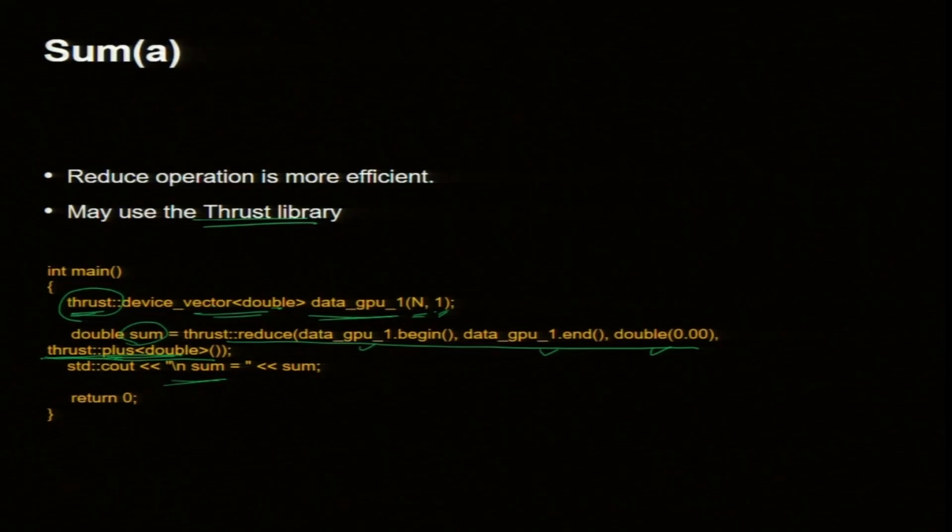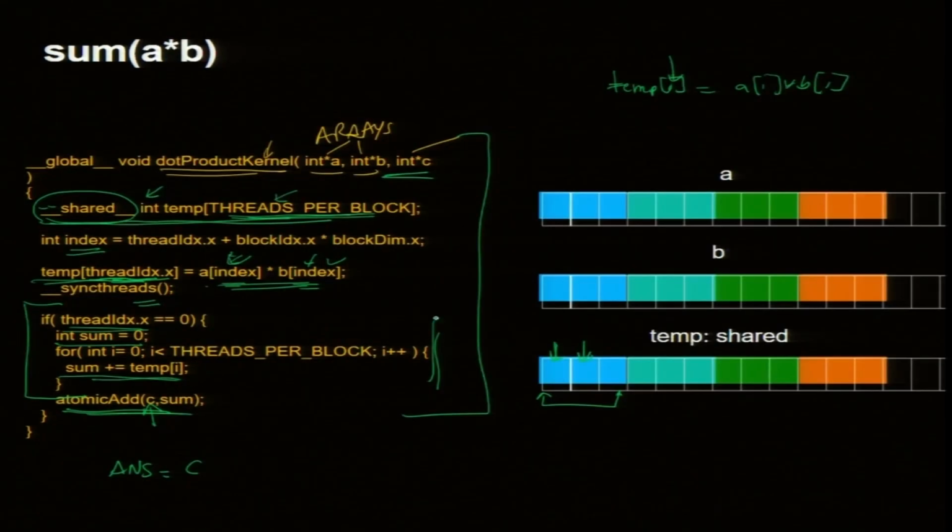These are for GPUs. Here the sum is not very efficient. Why is it not efficient? Because let us say we have 1000 blocks. I am going to do this atomic sum 1000 times, one after the other. Local sum is okay, I think we are doing it within a block, it will be fast.